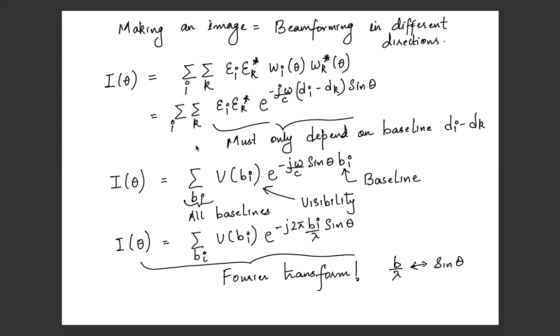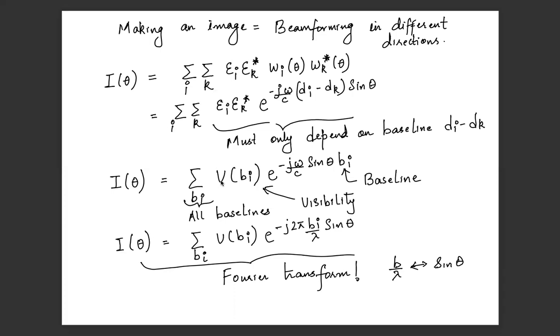So I can now convert this, or at least notationally, I can write this double summation as a summation over all possible pairs of antennas, so all possible baselines, times this Ei Ek conjugate, which is basically the two-point complex correlation of the electric field on the ground. And that again should not depend on the absolute location on the ground. It should only depend on the distance or displacement between i and k.